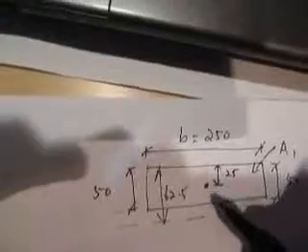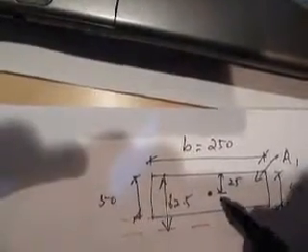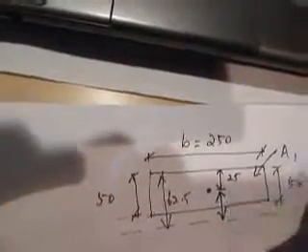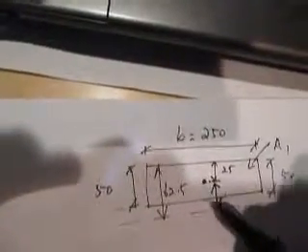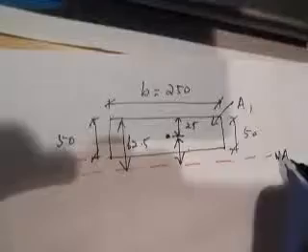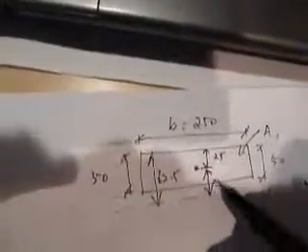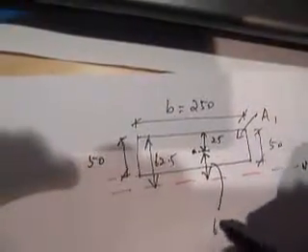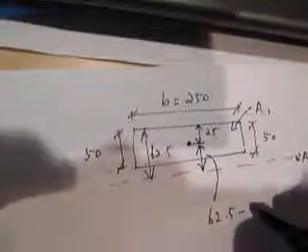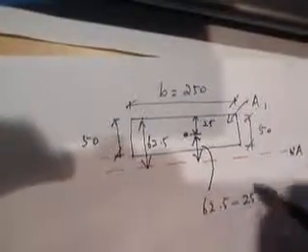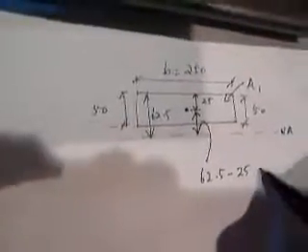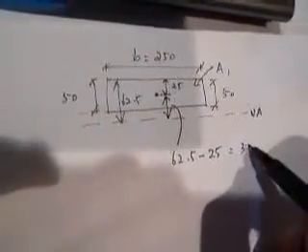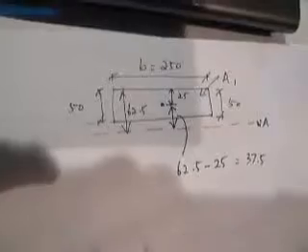So that means the distance from the centroid of the top rectangle to the neutral axis will be equal to 62.5 minus 25, or 37.5.